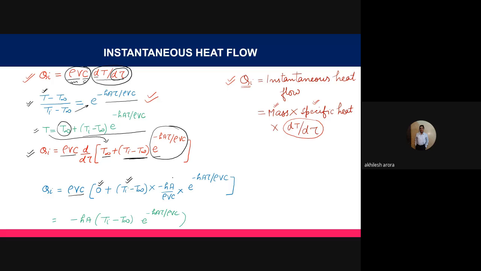So the power value gives minus hA over rho Vc into e raised to power minus hA tau over rho Vc. Finally, we can cancel out this rho Vc and this rho Vc, and the final answer comes out as minus hA Ti minus T infinity e raised to power minus hA tau over rho Vc. If something is not clear about this part, you can ask me.